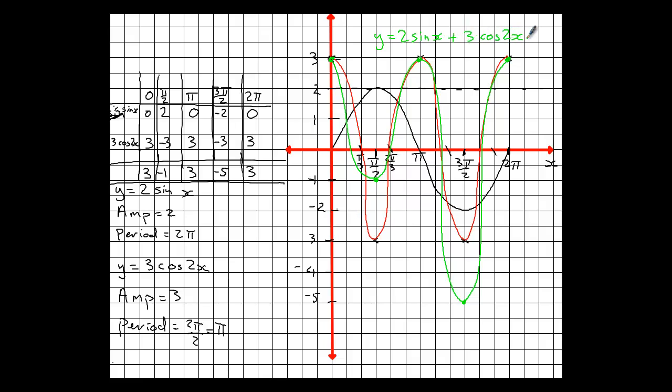And how did I get that? Each point along the way is the addition of the other 2 points. So in reality, this should probably be coming up here like this. It should be that plus that, that plus that to give there, and then coming back down. Went too far again, but we'll get over it.